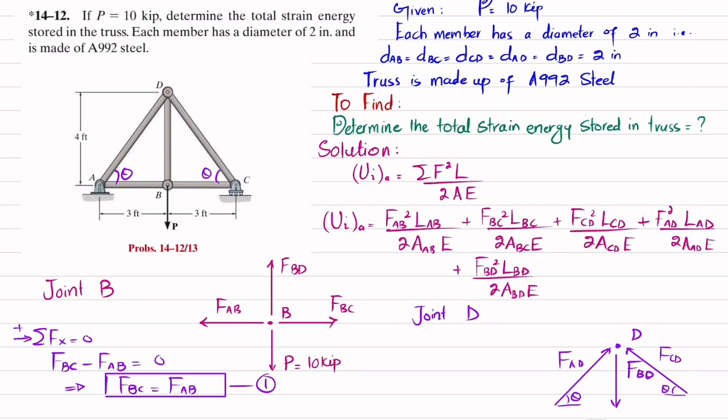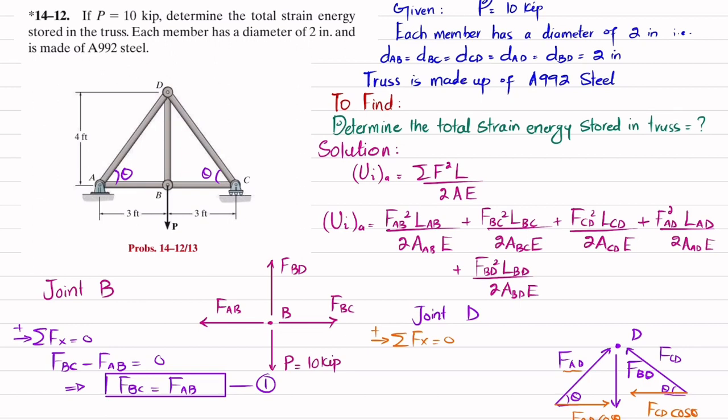The first equation of equilibrium is that the sum of all forces along the x direction must be equal to 0, and force toward the right direction is taken as positive. This F_AD will have two components. The horizontal component will be equal to F_AD cos theta, and similarly F_CD will have one horizontal component toward the left side, equal to F_CD cos theta.